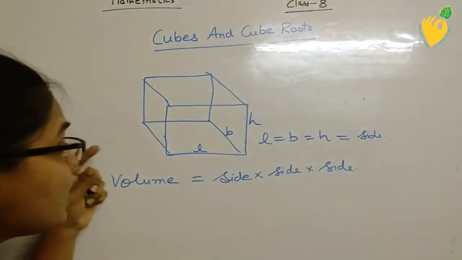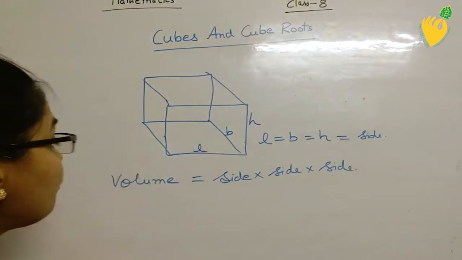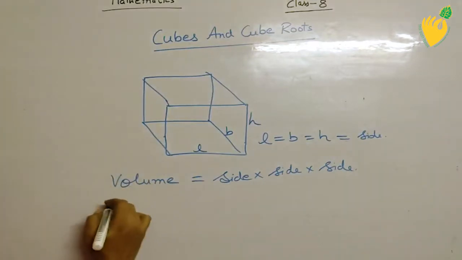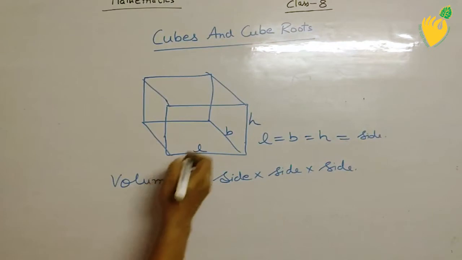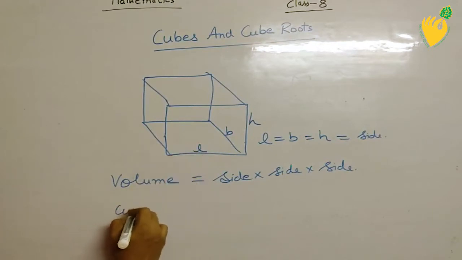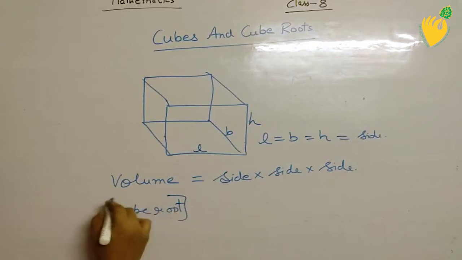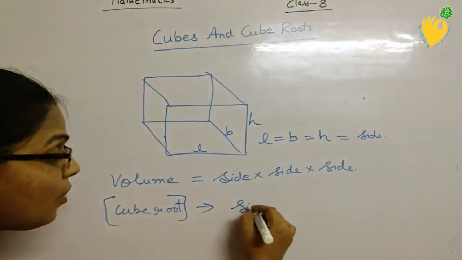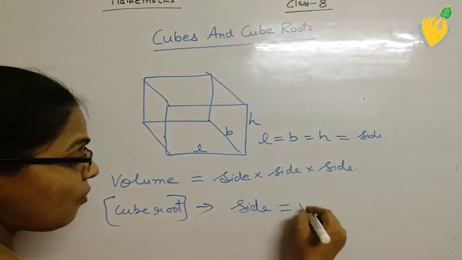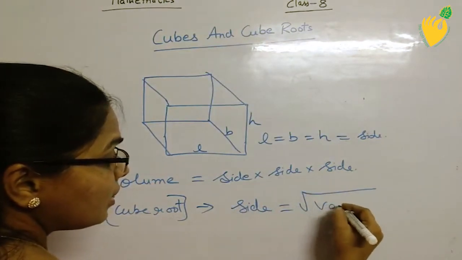So we use the concept of cube to find the volume. We also use the concept of cube root. Where, students? To find the side, or you can say dimension, from the volume.